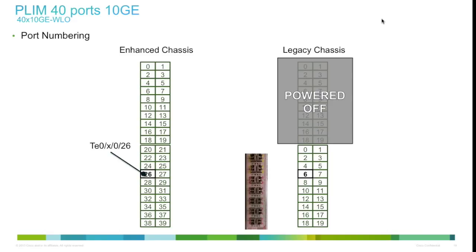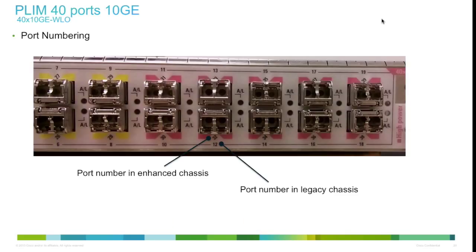On the legacy chassis, we have one slice being shut down, and the port numbering will start here at 0 up to 19. And if we take the example of port 26 on an enhanced chassis, it will be here port number 6. So this port numbering will appear clearly on the front plate of the card.